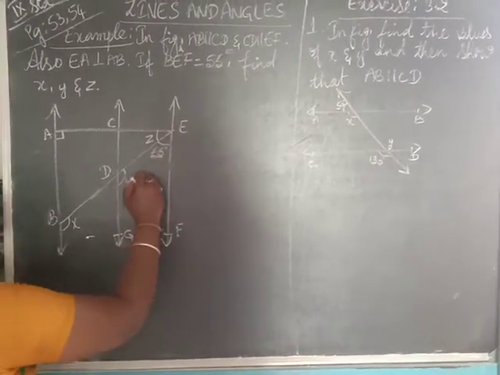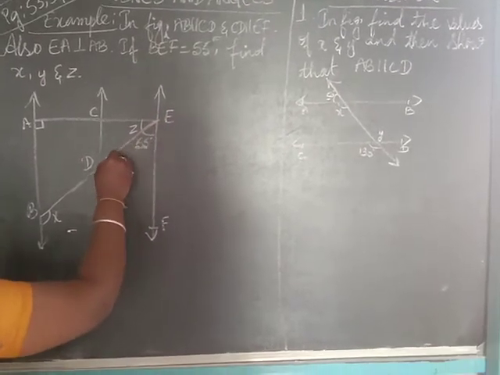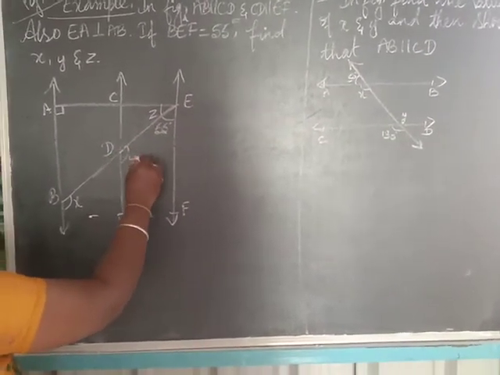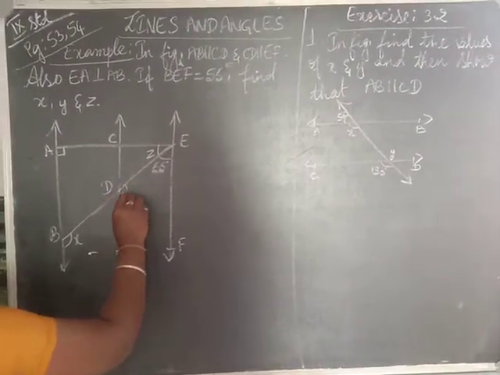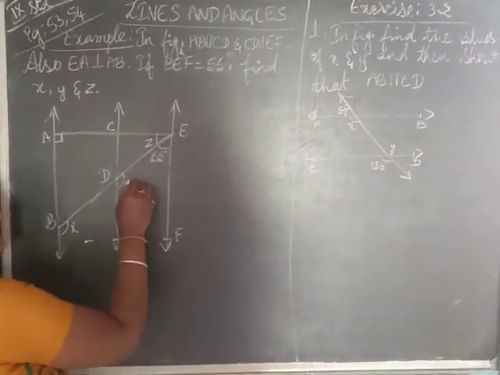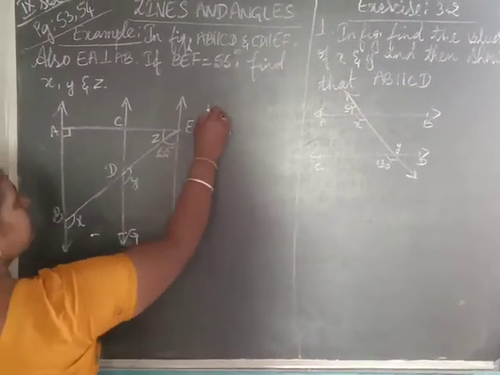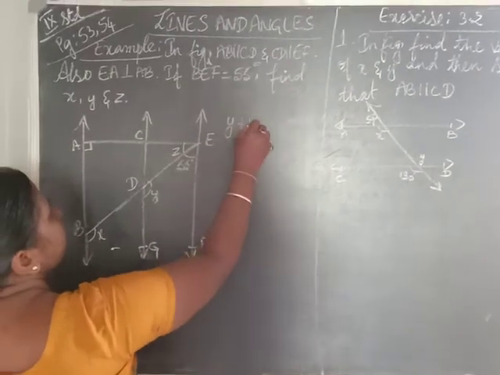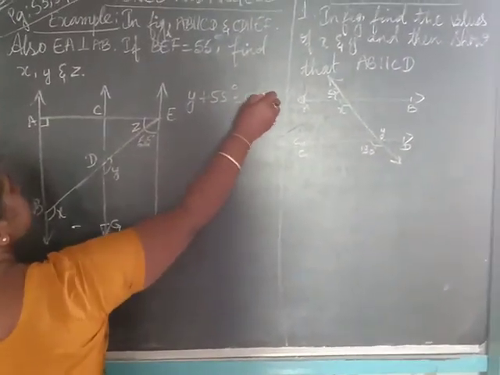See, you can observe here, these two angles are interior angles on the same side of the transversal. Therefore, we can say the sum of these two is equal to 180 degrees. Angle Y plus 55 degrees is equal to 180. What is the reason?